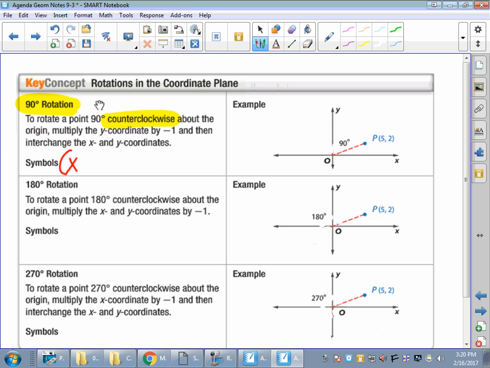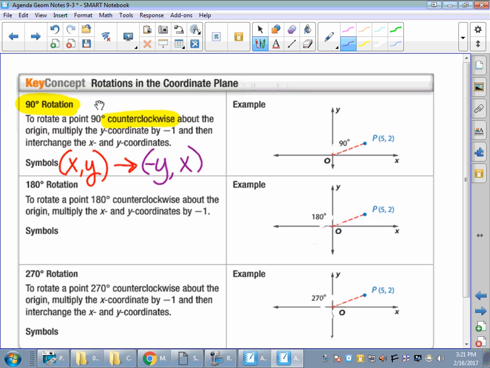Your ordered pair x,y becomes the ordered pair negative y, x. So for 90 degrees, you switch the x and y values, but you also change the sign on your new first value, which was previously your y.